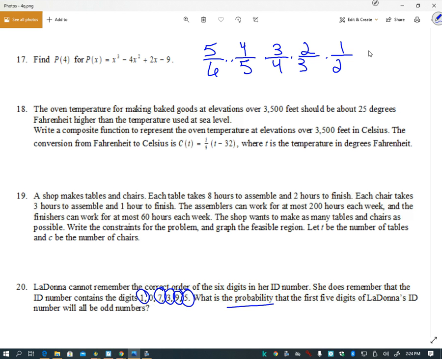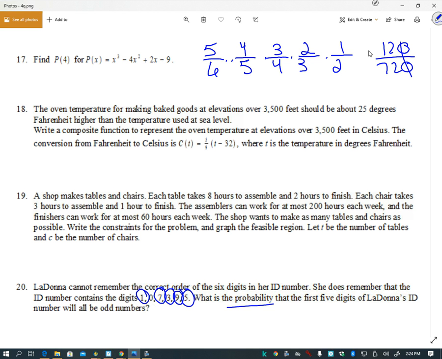Okay, 5 times 4 is 20, 20 times 3 is 60, 60 times 2 is 120, 120 times 1 is 120. Okay, so we got 120. 6 times 5 is 30, 30 times 4 is what, 120? 120 times 3? Oh, I don't know. What is it? 720? Is the total? 120 over 720?